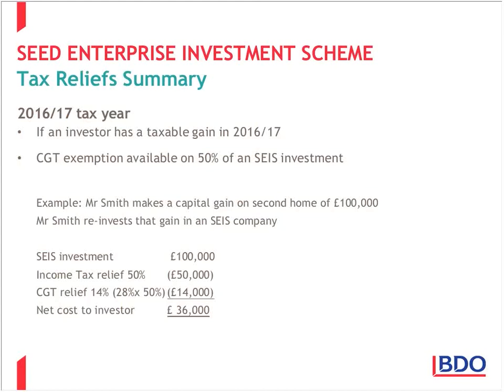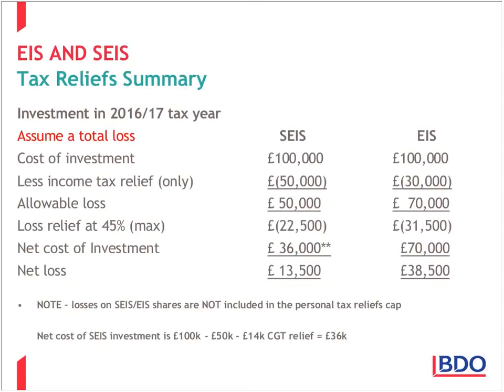If we then take perhaps a pessimistic approach, if you like, and look at downside protection, what happens if the company goes bust? Well, if you look in the first column there, you can see that the allowable loss is the loss after the income tax relief. So in the CDIS example, it's £50,000.